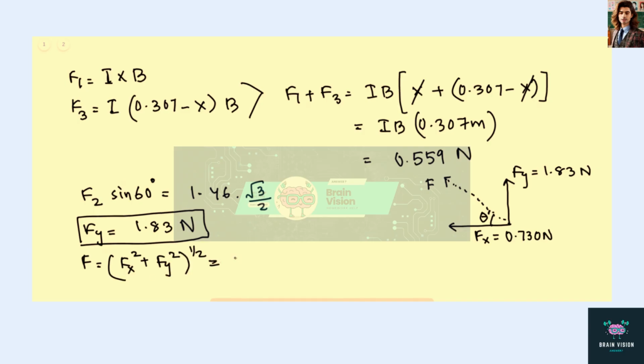And this comes out to be 1.97 Newton. And theta dash can be found from tan inverse of Fy over Fx. And this angle comes out to be 68.3 degrees. So now we have both the magnitude and direction of the net force that we wanted to find.